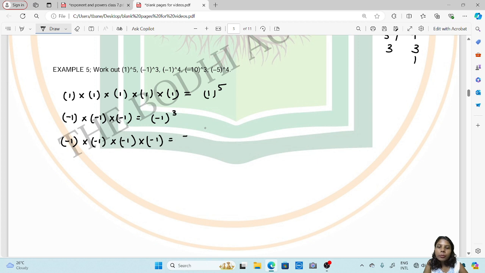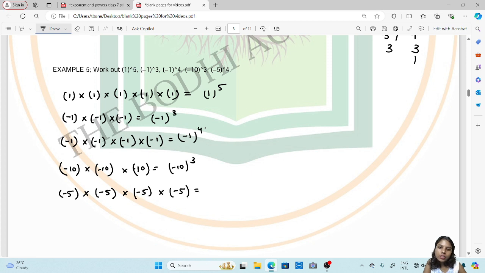So this would be minus 1 raised to 4. Then we have minus 10 into minus 10 into minus 10 is equal to minus 10 raised to 3. And this is minus 5 into minus 5 into minus 5 into minus 5, minus 5 raised to 4.